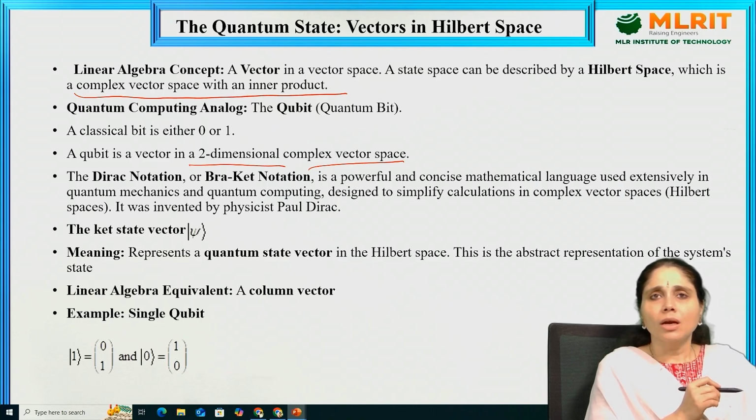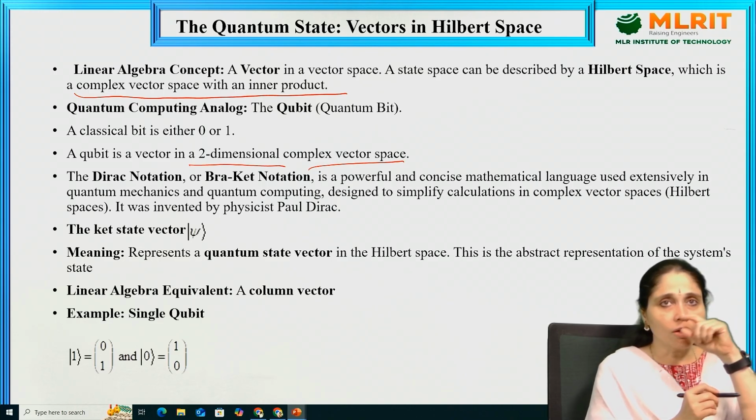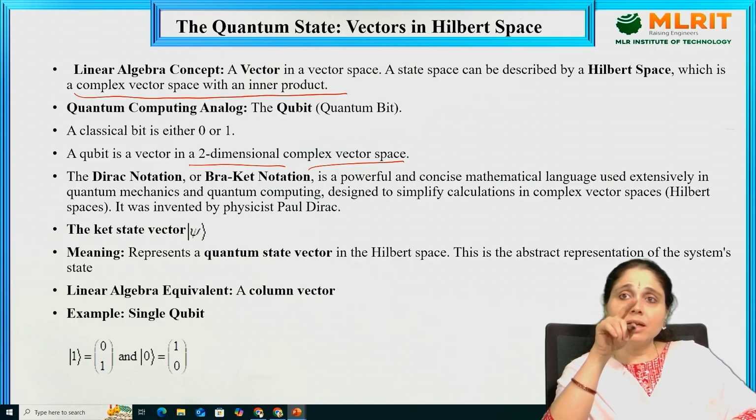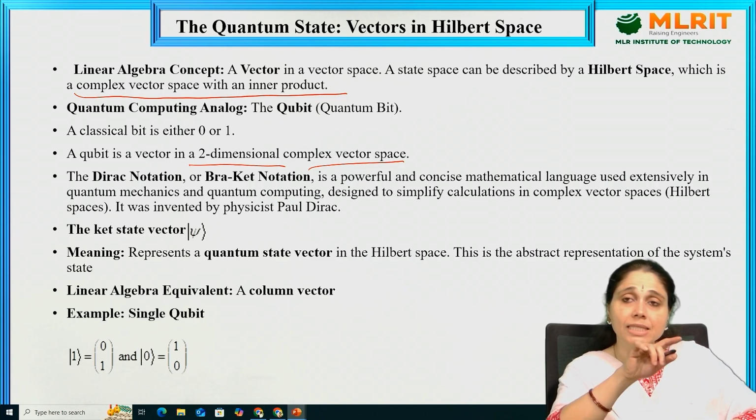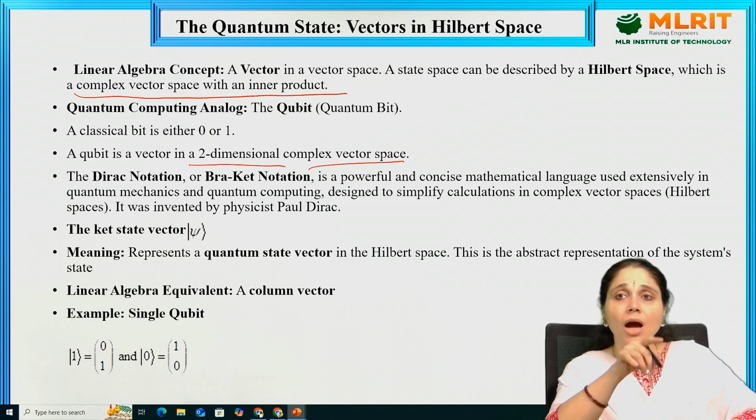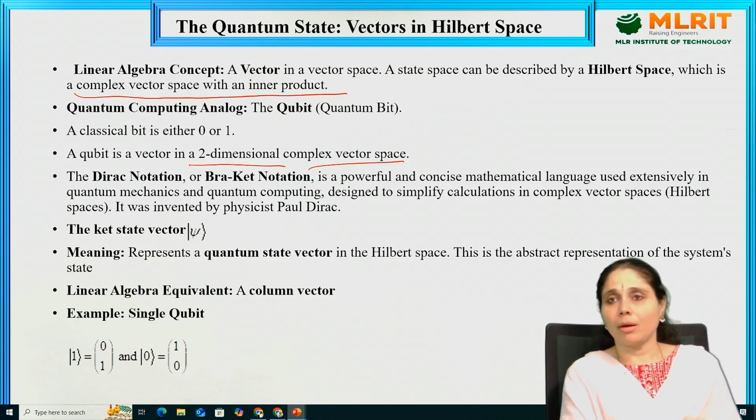So, going into the concepts of linear algebra, what are we going to learn? We are going to learn about Hilbert space, how the vector notation works, and also how this notation keeps us mathematically grounded in quantum computation.